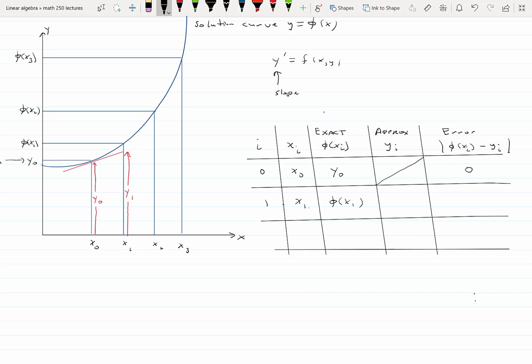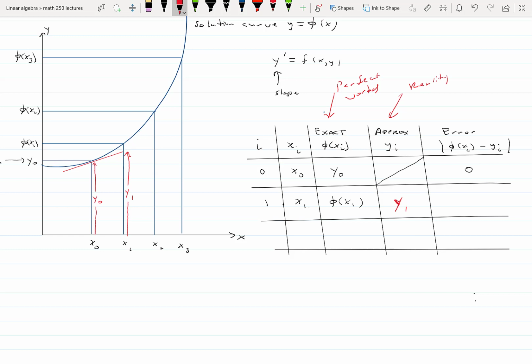This would be a perfect world, and this is reality. I have to estimate the solution. So I estimate the solution as y sub 1, and I get that y sub 1 by using the tangent line at the previous x value and shooting over to y sub 1 by letting x equal x sub 1 in that tangent line.